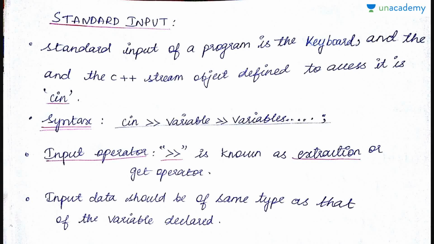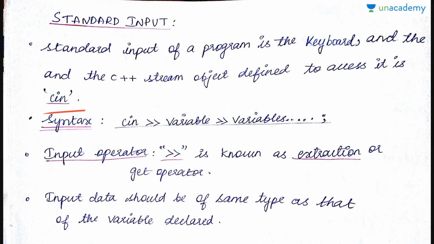Next comes the standard input. Standard input of a program is the keyboard. Usually the user gives the input to the program using a keyboard in most cases, and the C++ stream object defined to access it is cin. You know, right? Cin is console input, and with cin you can take in any number of variables together.